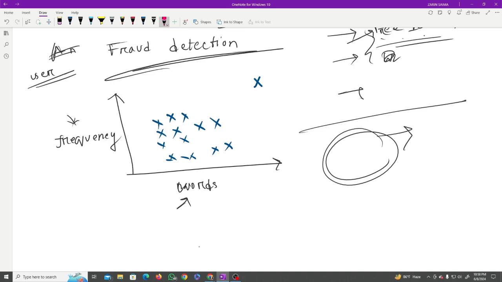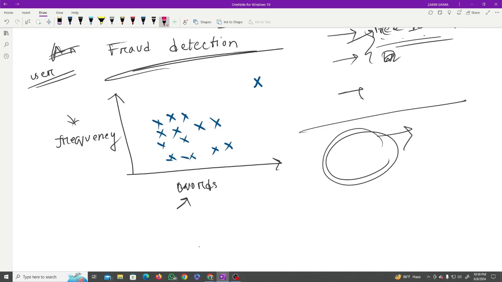Suppose you have some picture as your input, pictures of some trees, and you don't have any y, unlabeled data again, and you want to find something interesting within this data set, which is some pictures of trees.